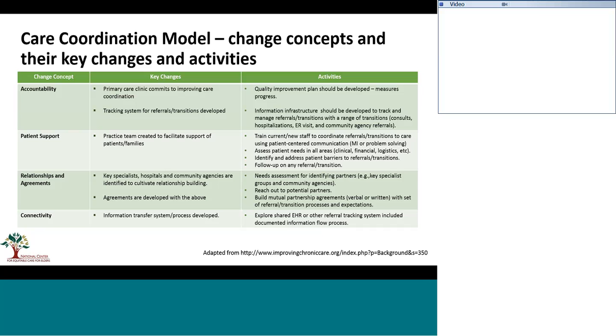And then also, with respect to patient support, the need to follow up on any referral or transition so that there's a feedback loop on that referral or transition, and that that loop is closed with respect to the care that was provided or given, and where the patient was after that referral was made.